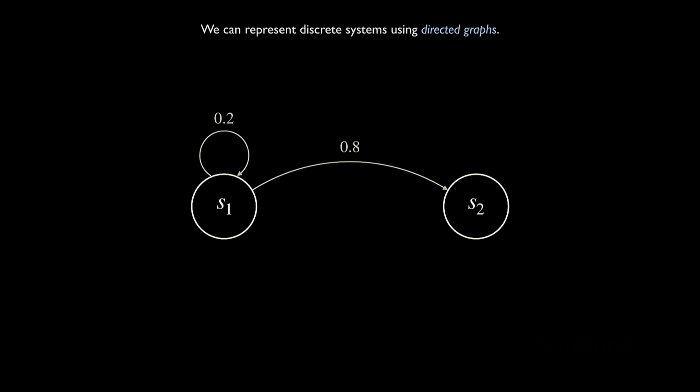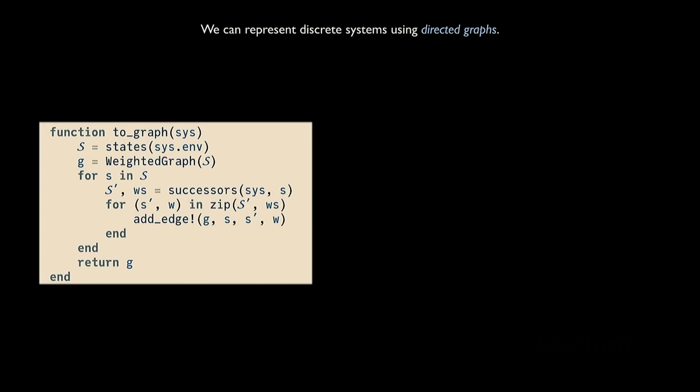And so the edges on our graph are going to be potential transitions that could happen between states, and then the weights on the edges are the probability of this transition occurring. And then similarly from state 2, maybe we have a 0.9 chance of going back to S1 and 0.1 of staying in S2. And in general, it's possible to convert any discrete system into a graph like this.